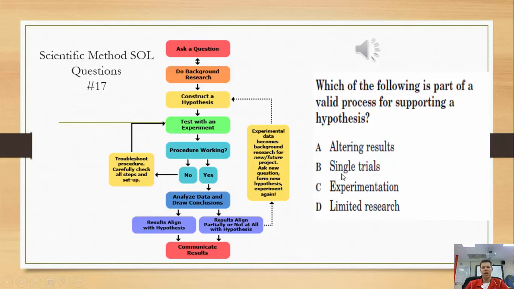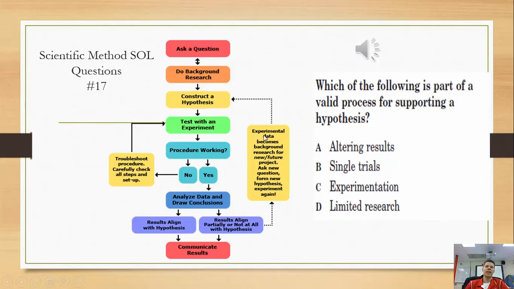All those things are good. What about altering your results or changing them to get the answer that you want? That's not valid. Single trials, doing an experiment one time, not troubleshooting and checking your procedure and redoing your experiment to make sure, that's not good.